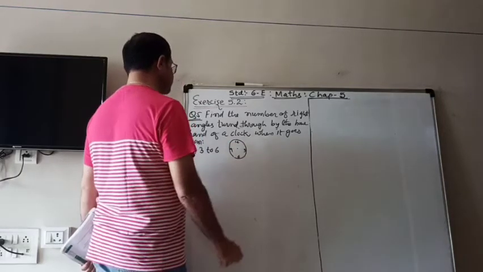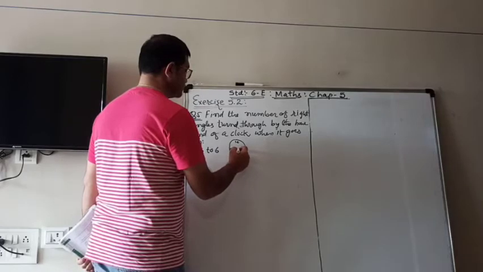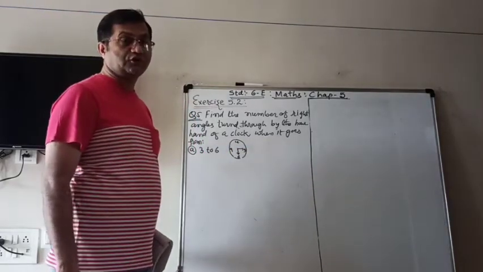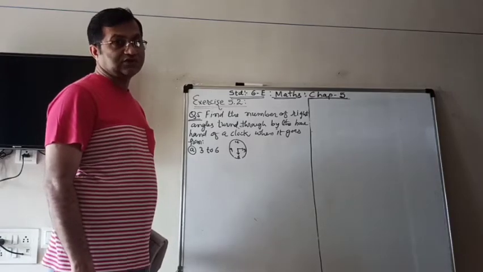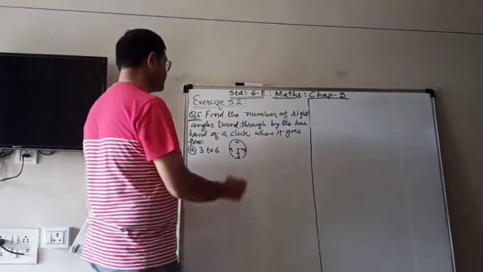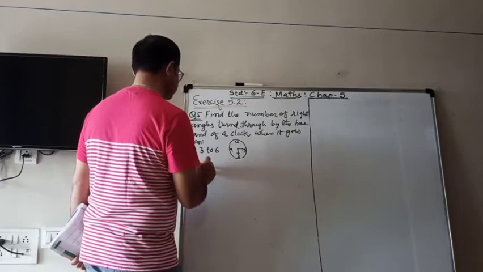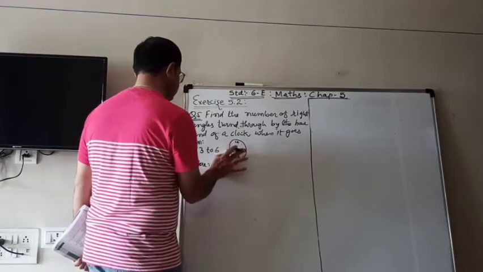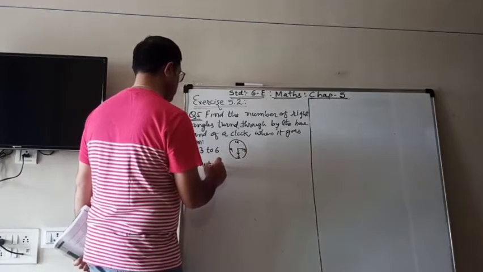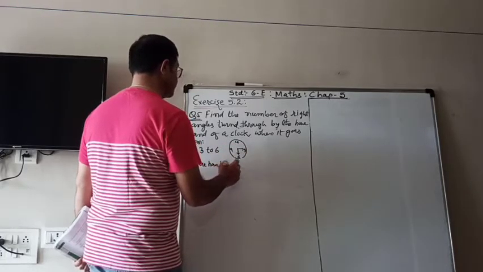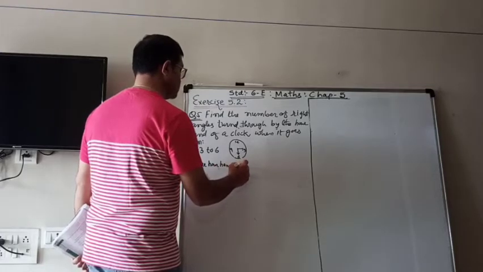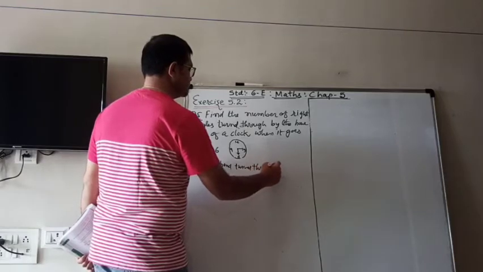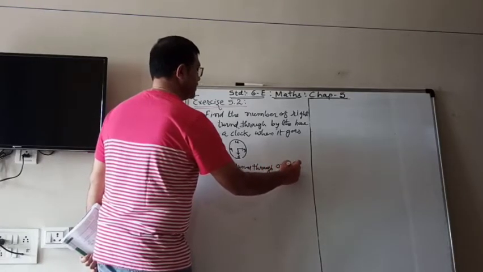Now from 3 to 6, it is a 1/4 of a revolution. So it is 1 right angle. So here the hour hand turned through 1 right angle.